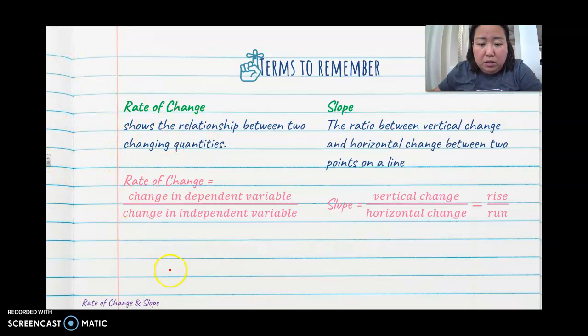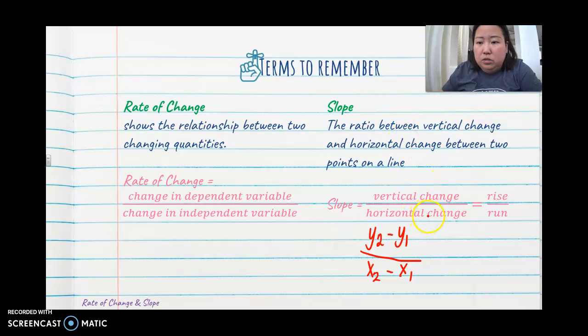So it's going to be the values of y: y2 minus y1. That's the difference. Divide it by the change in the independent variable, and so that's our x in our ordered pair: x2 minus x1.